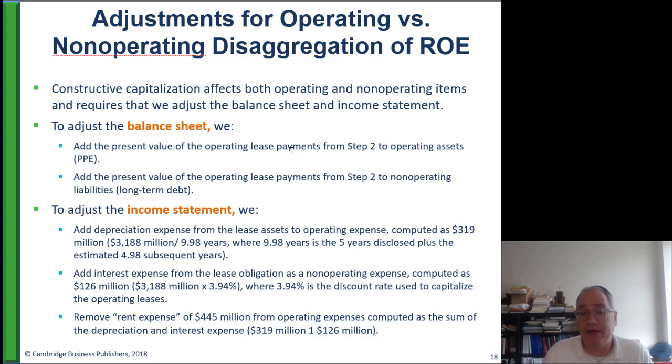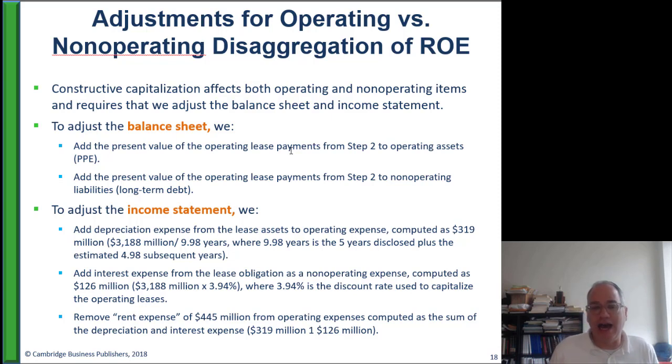For the income statement, we're going to have depreciation expense, which is operating. We're going to have interest expense, which is non-operating. And we're going to remove the rent expense, which is operating. It's only fair. If you're going to throw new expenses onto the income statement, you've got to take the old expenses off. So think about it. If you have an operating lease, you just have rent expense.